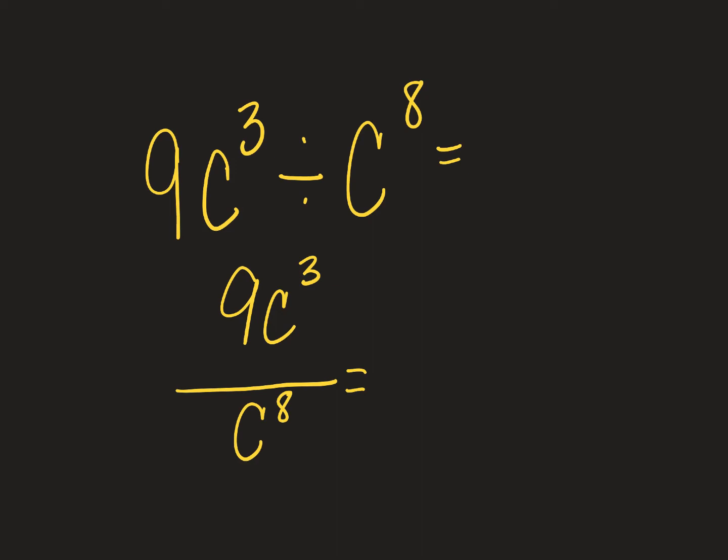Bring the 9 down. Yeah, you can actually answer this in two ways. You would have 9, and then 3 minus 8, which is c to the negative fifth power. And you can write it like this or like this.